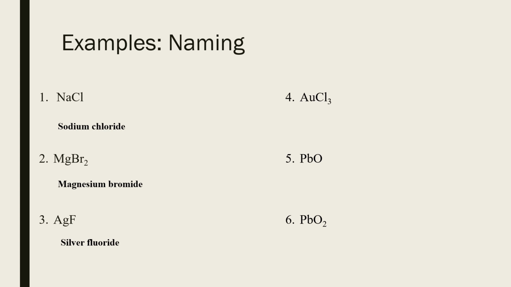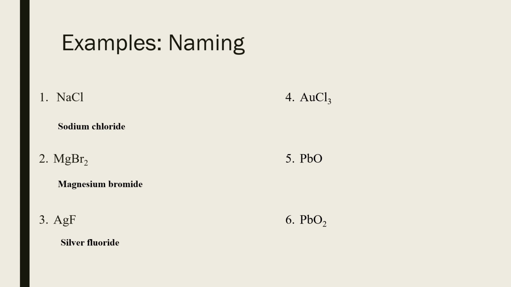All right, number 4. In number 4, we have AuCl3. Now Au is gold, so we have a transition metal. Now if we look on the back of that periodic table, you'll notice that Au can be +1 or +3. Now, how do I know? What you have to think about here is you've got to look at your anion. Your anion in this case is chlorine.